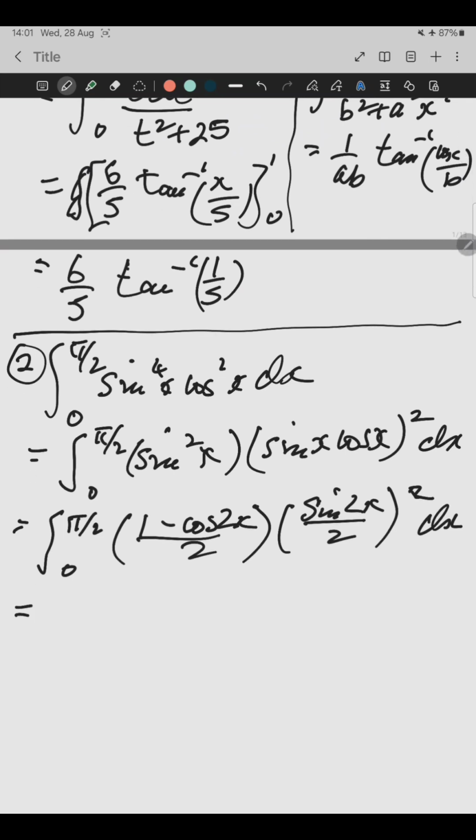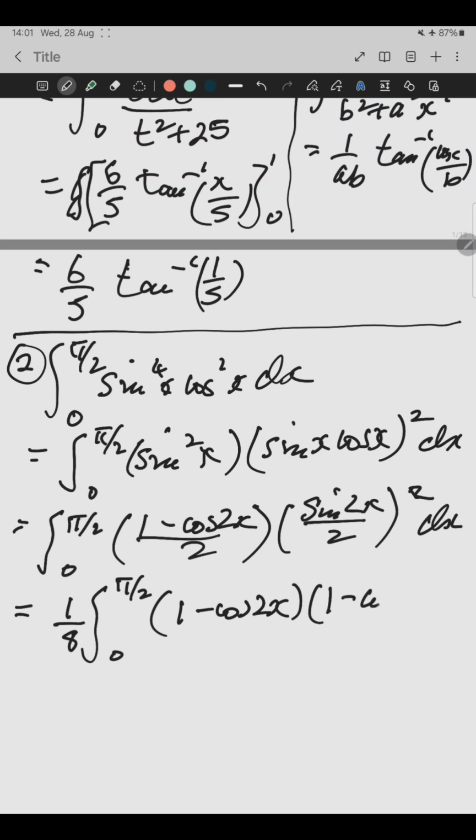Moving on from there, that now is 1 upon 8 of the integral from 0 to pi upon 2 of 1 minus cos 2x times 1 minus cos 4x over 2 dx, which is 1 upon 16.